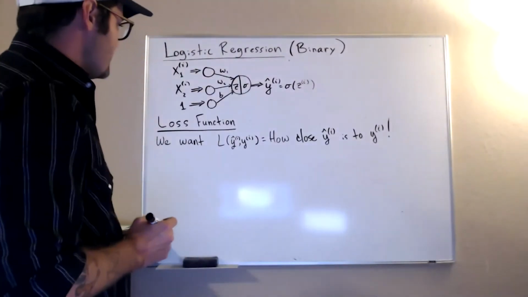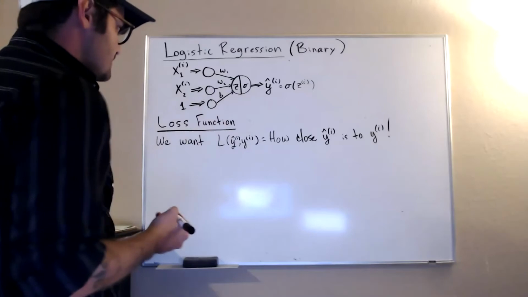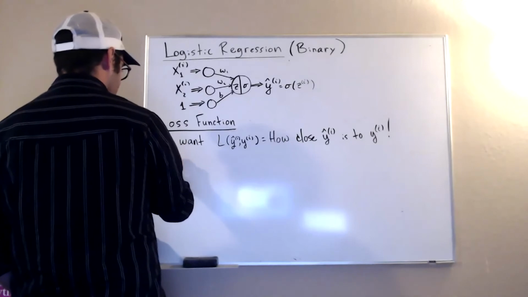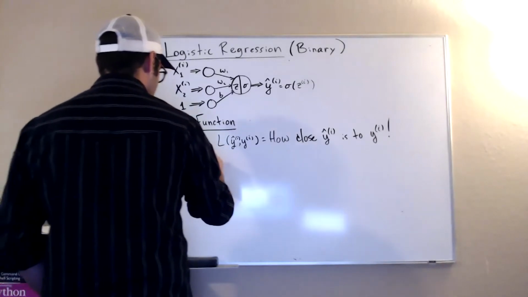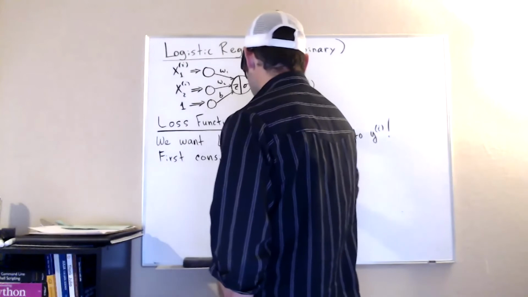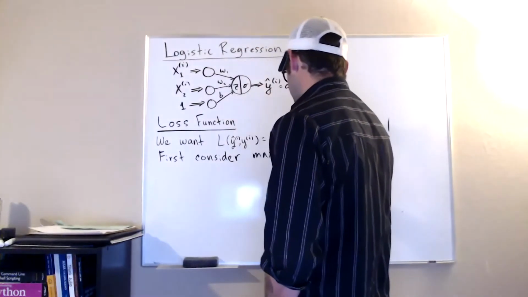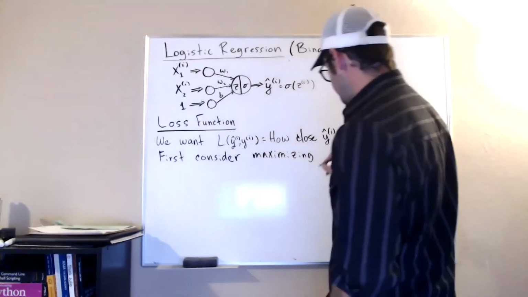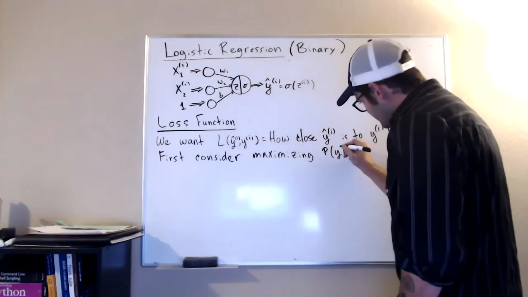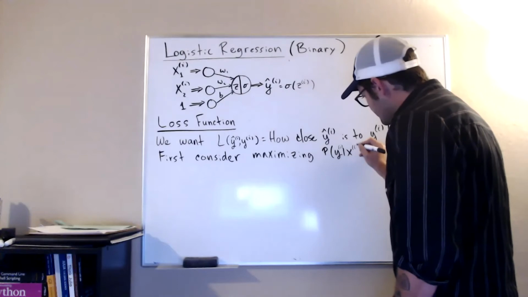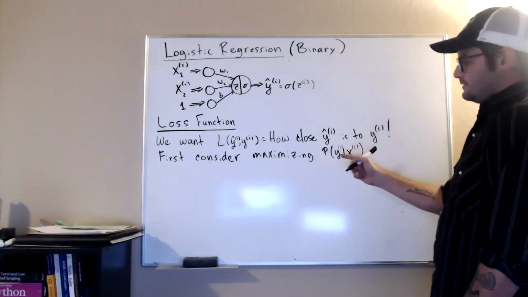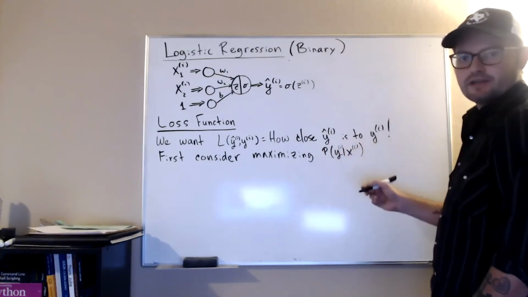So in order to derive such a thing, first consider maximizing P of y given x, so P of y superscript i given x superscript i. So the probability of label yi given features xi.